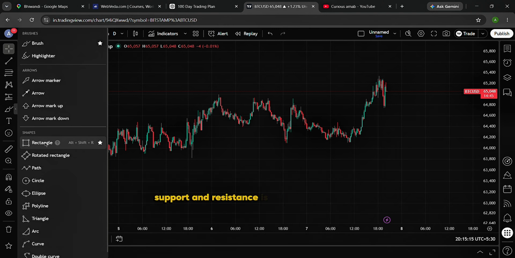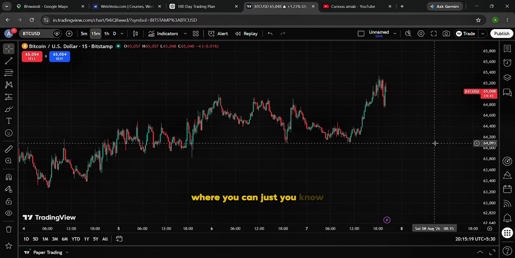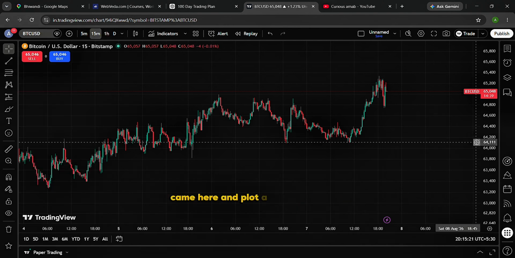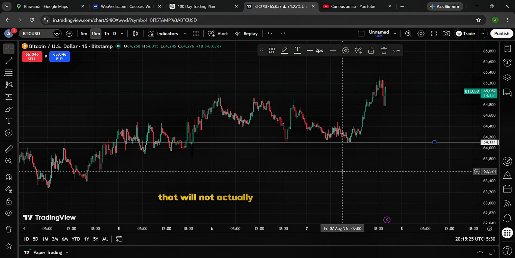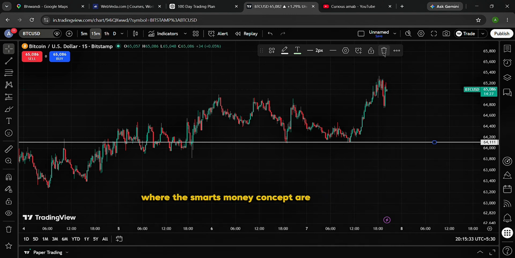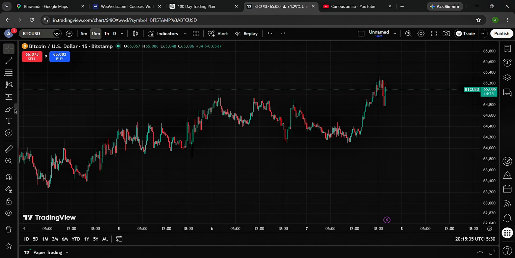Support and resistance is not a particular line where you can just come here and plot a perfect line. That will not actually work in the market, because support and resistance is not a particular line. It is a zone where smart money is mostly active, right?